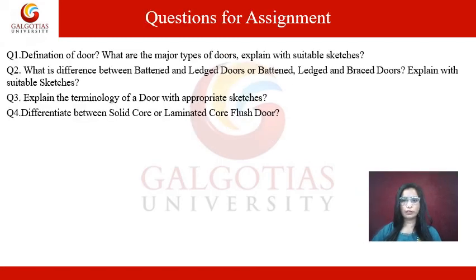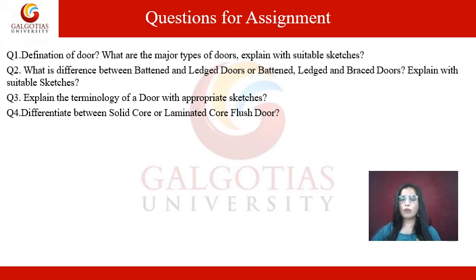So at the end of the lecture, you have to cover all these questions. First one is definition of door. What are the major types of door? Explain with suitable sketches. Second one is what is the difference between batten and ledge door or batten, ledged and braced door.